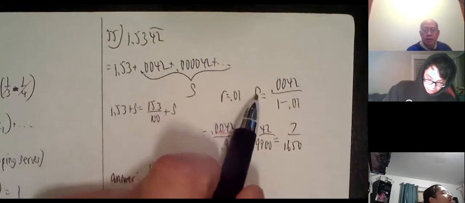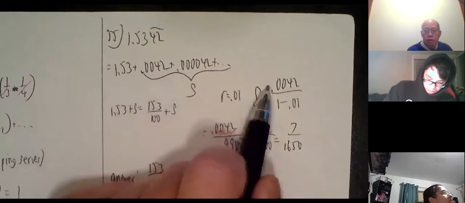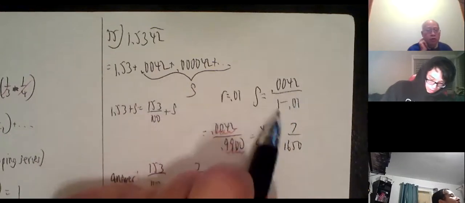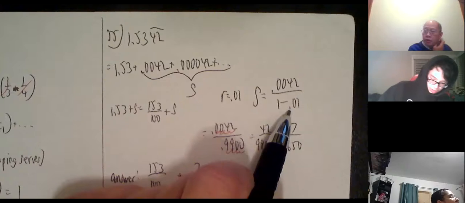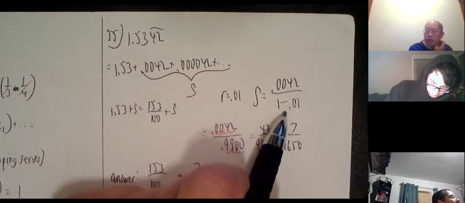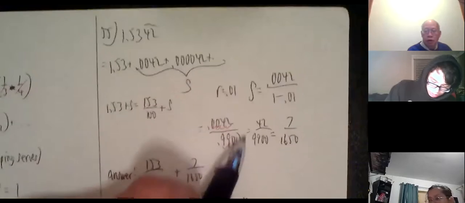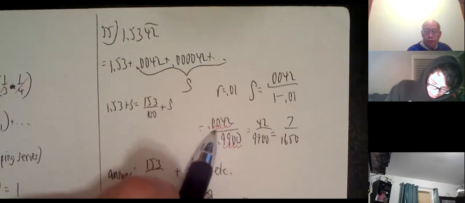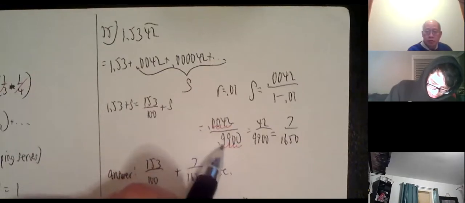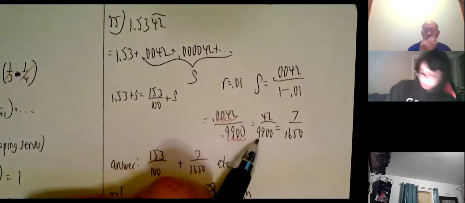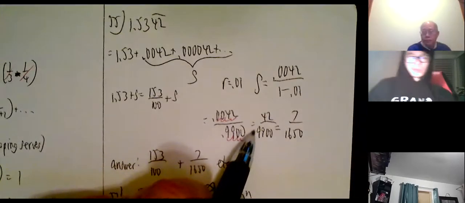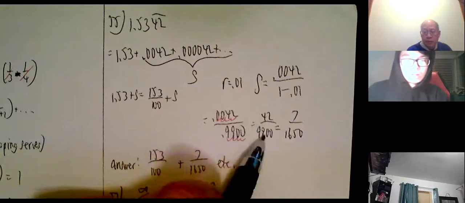So that sum is going to be the first term, 0.0042, over 1 minus r, 1 minus 0.01. 1 minus 0.01 is 0.99, or 0.9900. Move over 1, 2, 3, 4 spaces. 1, 2, 3, 4 spaces. 42 over 990. Okay, both of these are divisible by 6.